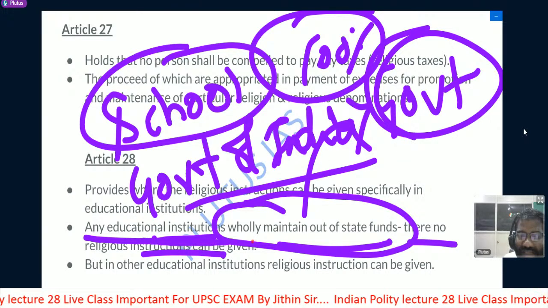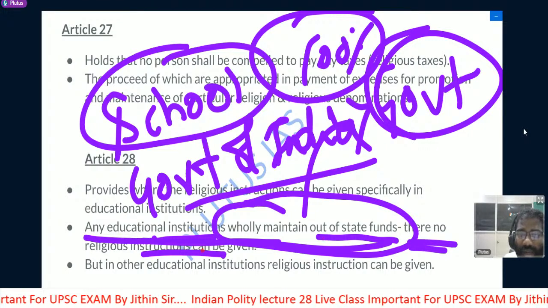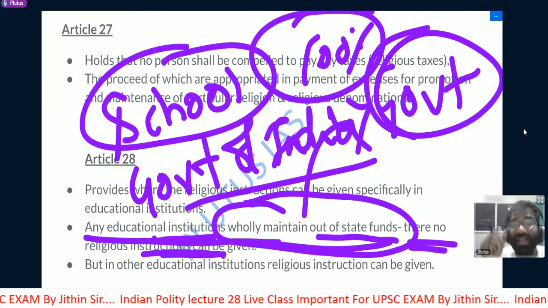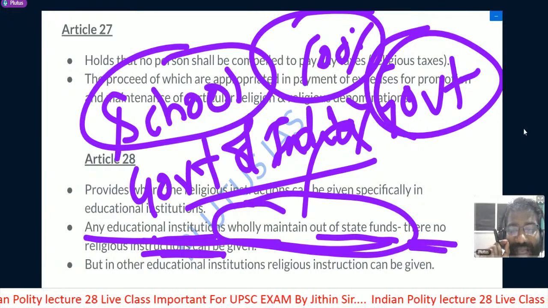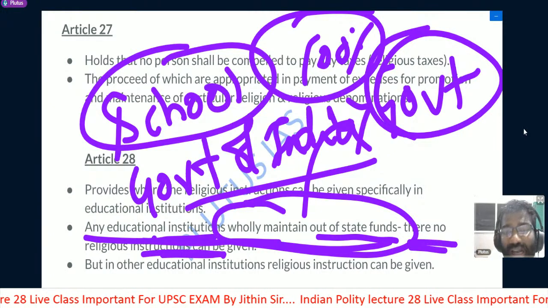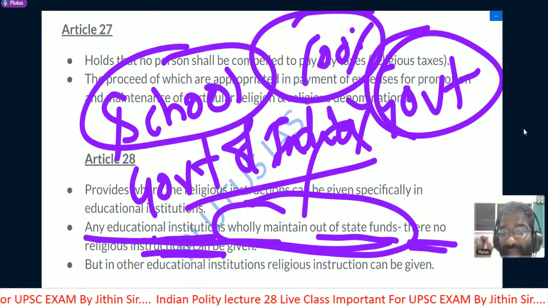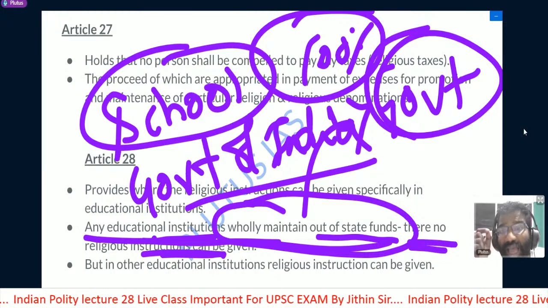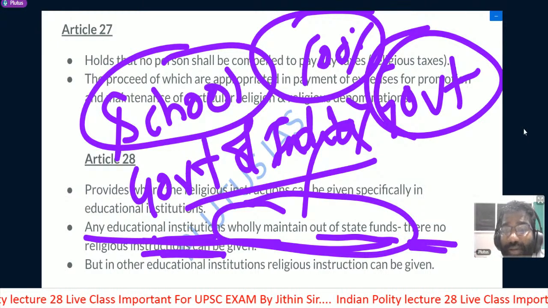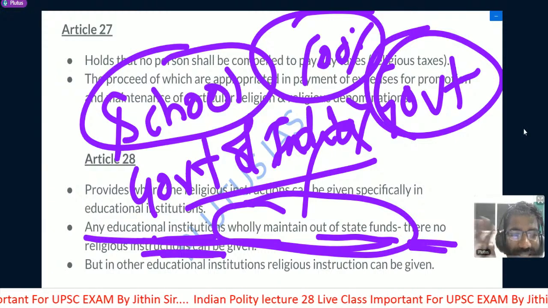If any educational institution is wholly maintained out of state fund, no religious instruction can be given, because it is totally owned by state funds, and the government of India is always neutral, right? So there no religious instructions can be given.